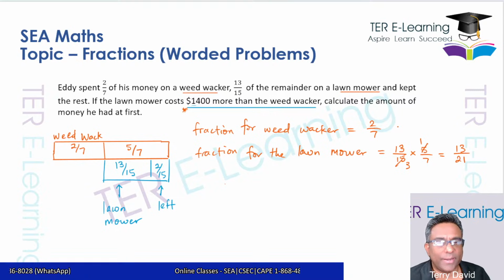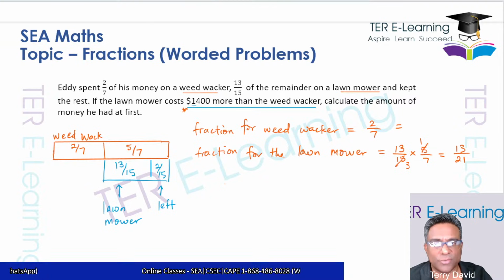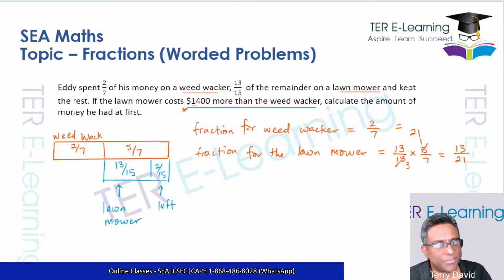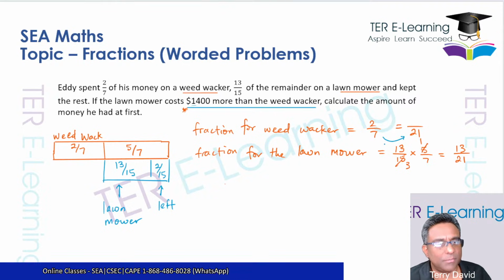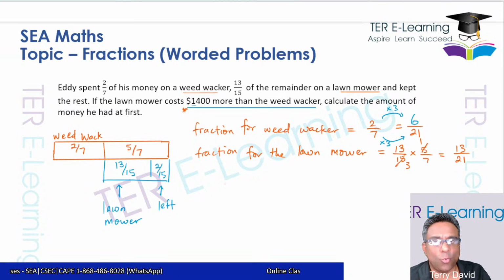Now for the fraction for the weed whacker, let's write that as an equivalent fraction over 21 as well. So 7 multiplied by 3, then 2 multiplied by 3 as well. So 2 3s are 6. That's 6/21.